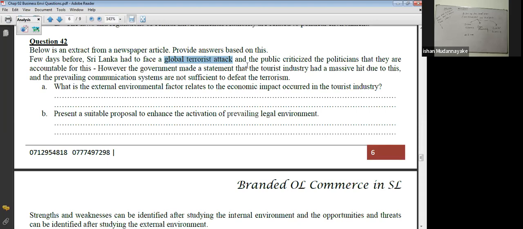Finally, we can take global environment as well. But the most close answer is political environment, political instability.